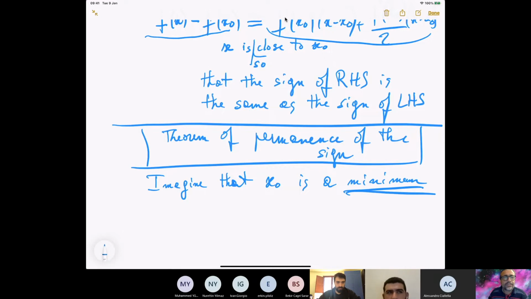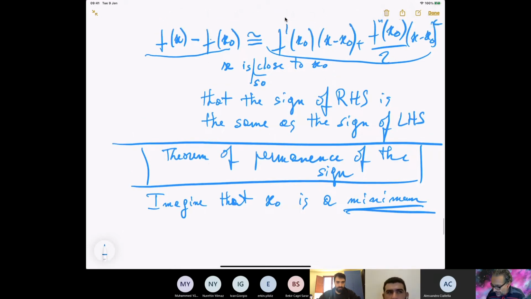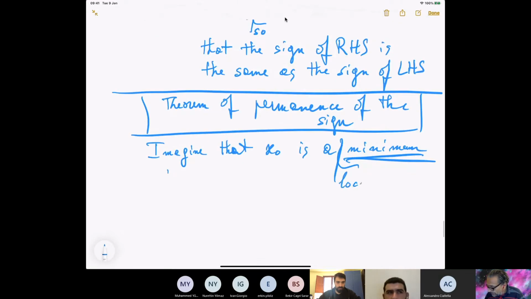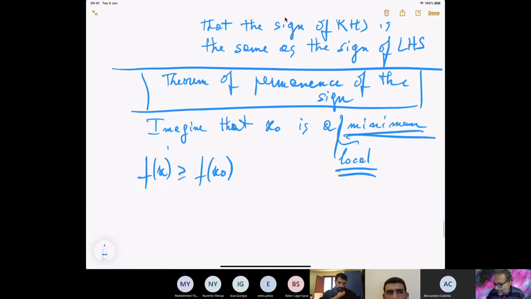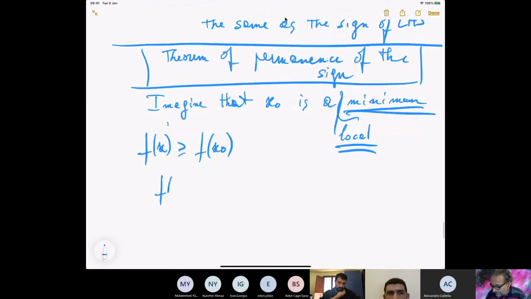Okay, what does it mean? That is a local minimum. So close to x0, f of x is greater or equal to f of x0. So f of x minus f of x0 is greater or equal than 0.